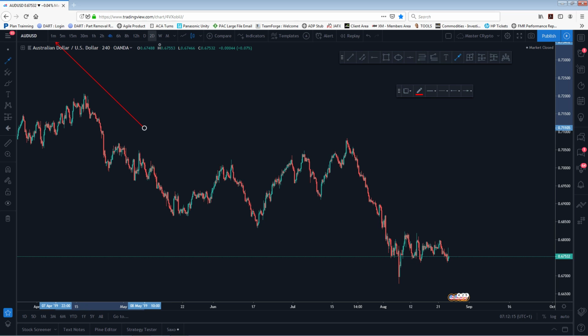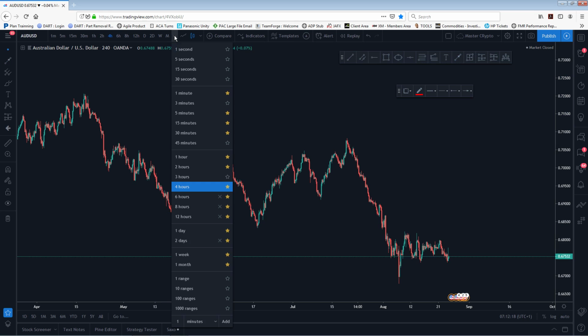I have all these time frames, and I don't know if it depends on the type of trading account or type of TradingView account you have. Basically I go down here and put in any number, like 2 days.